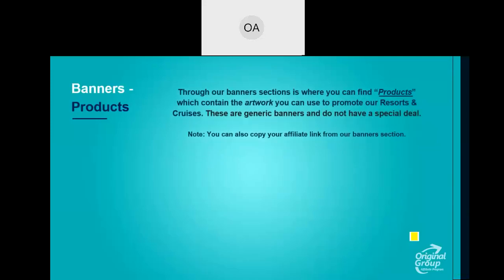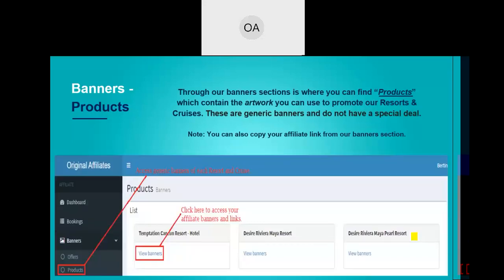Now, when it comes to our products banners, the view itself, or the way that they are displayed, slightly changes a bit. And these are separated already by product. Since we don't have any special promo codes or deals through here, they're assigned to each product.